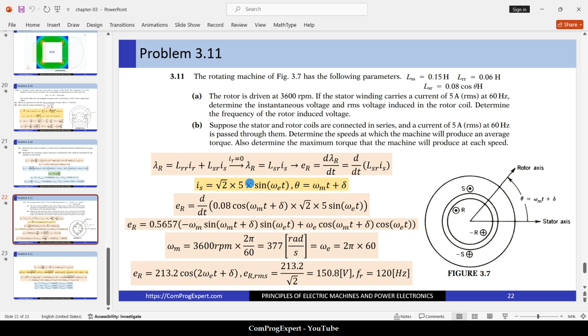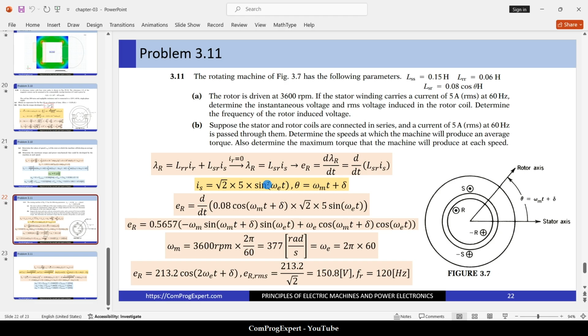So if we consider this current for the stator coil, the RMS value is 5 amps. The peak value is square root of 2 times 5 times sine of omega e t, the angular electrical speed. And this is the value of theta, the mechanical one.